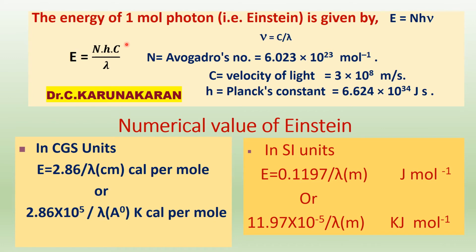Often problems are asked in IIT JAM, GATE, CSIR and many competitive exams. What is the value of 1 Einstein? What is the energy of 1 mole of photons? That is, Einstein is given by N h c by lambda, where N is Avogadro's number per mole, c is the velocity of light, and h is Planck's constant.